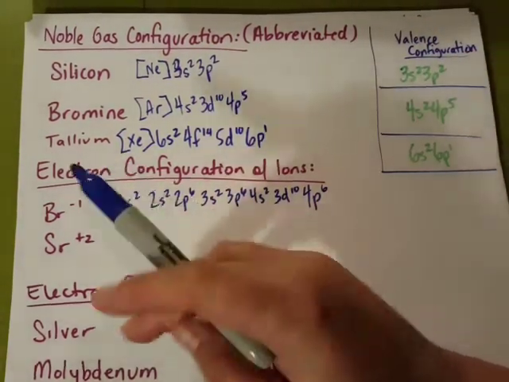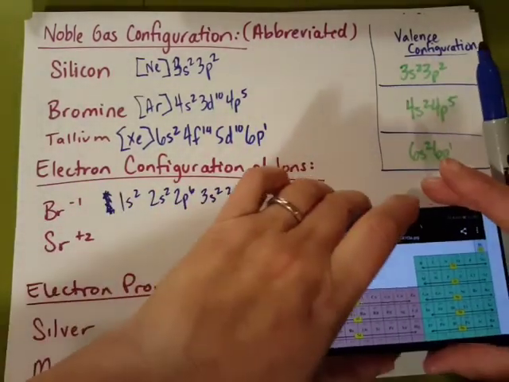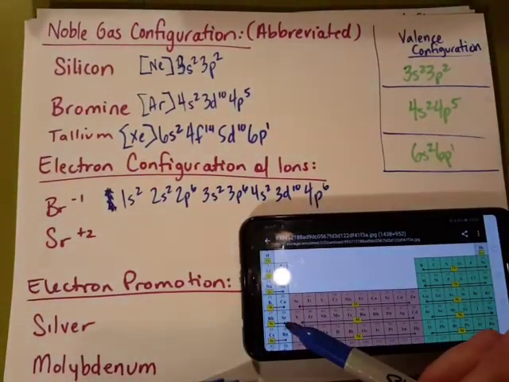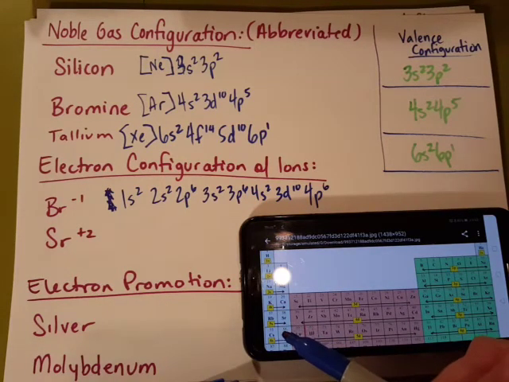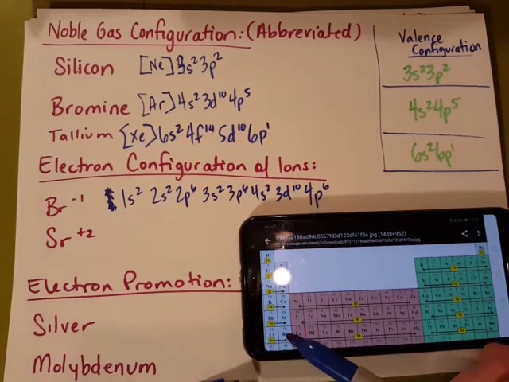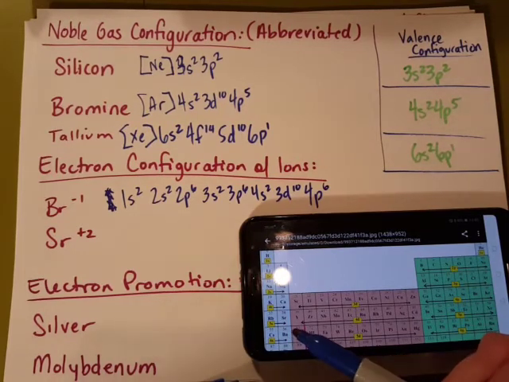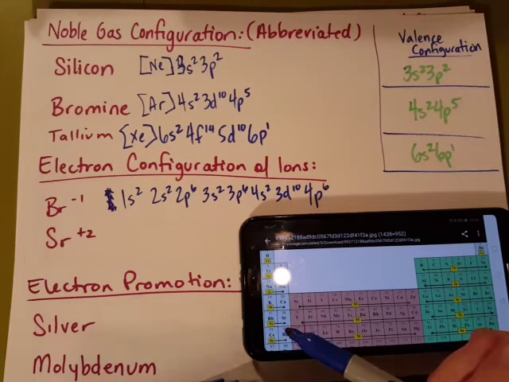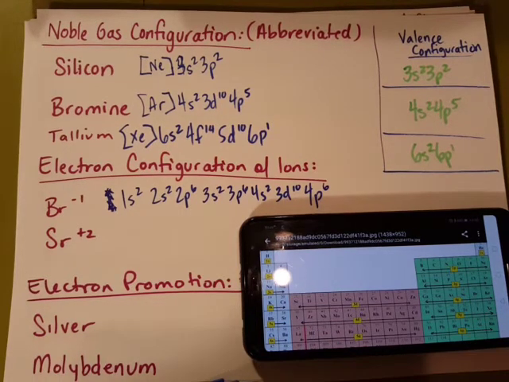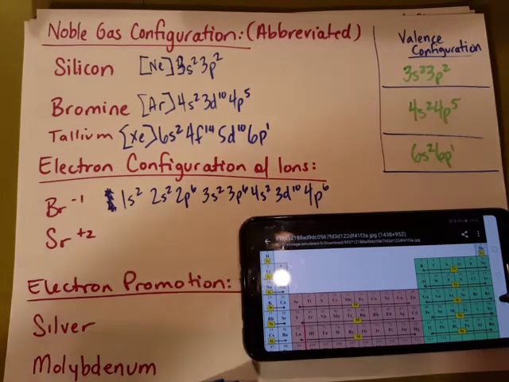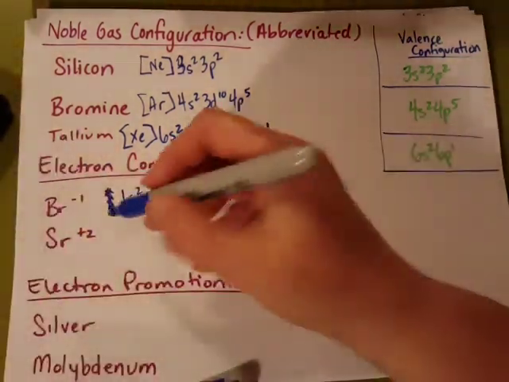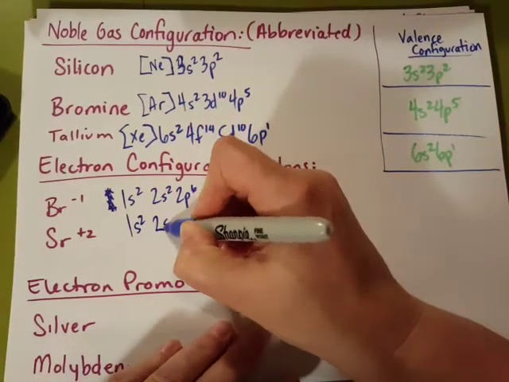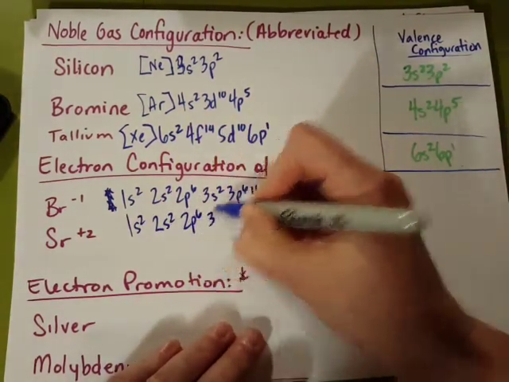The strontium ion, so strontium's here at 38. Strontium's going to form a +2 ion. And if we go back to our previous unit, we ask ourselves, what does that mean, a +2? That means that it's going to lose 2 electrons. So normally we would be showing 5s2 for strontium, but because it's going to lose these 2 electrons, it will look just like krypton, which in fact looks just like the bromine ion.